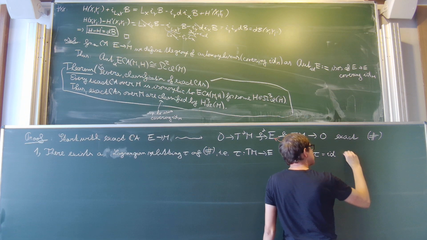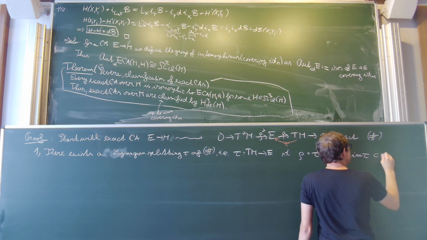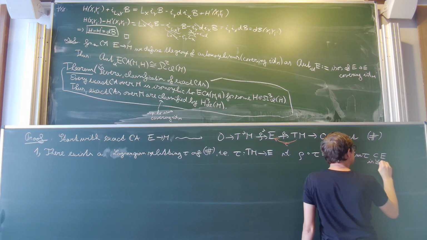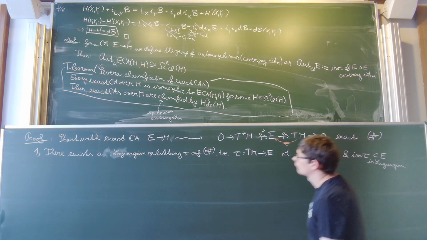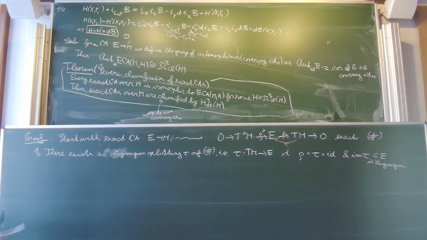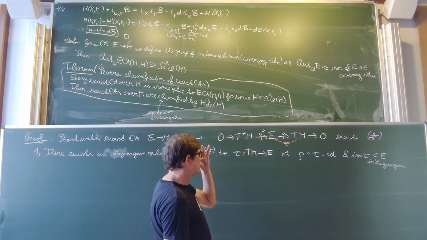And Lagrangian means that the image of τ inside E is Lagrangian. Okay, this thing has a pairing.